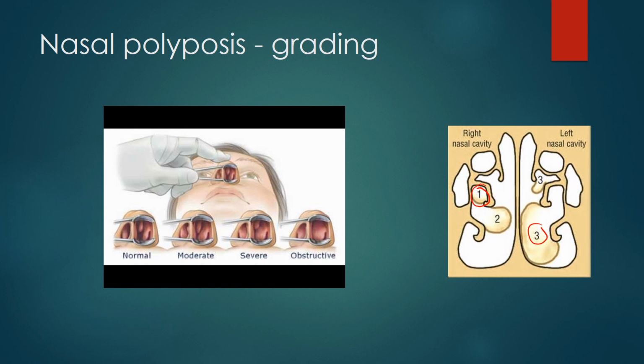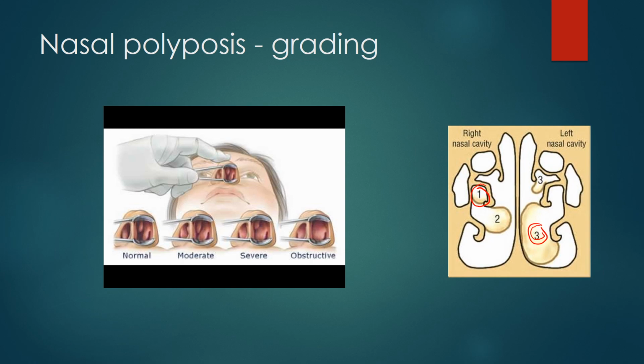That's essentially looking up the nose and shining a light up it to observe the internal structures, but without going any further than the anterior aspect of it. You might be able to visualize a grade 3 polyp, but not be able to see a grade 1 polyp on the other side. Now, you would expect this patient to have symptoms that are bilateral, because nasal polyposis is a result of chronic inflammation of the nose and paranasal sinuses, and by nature they are bilateral.